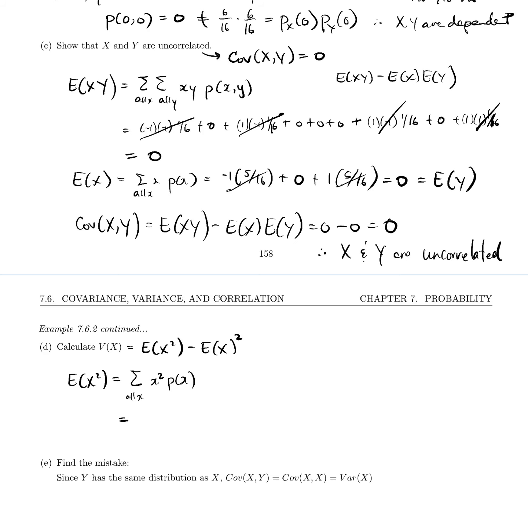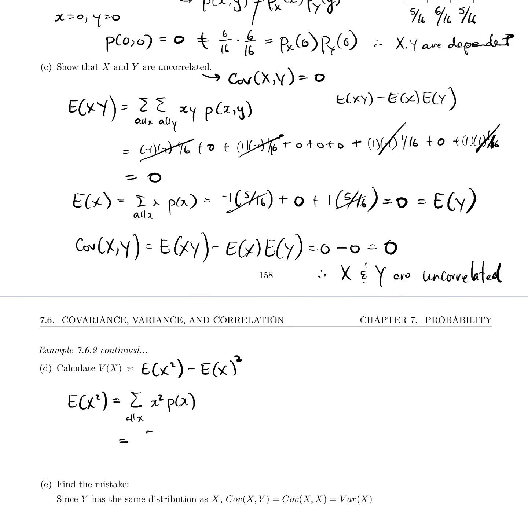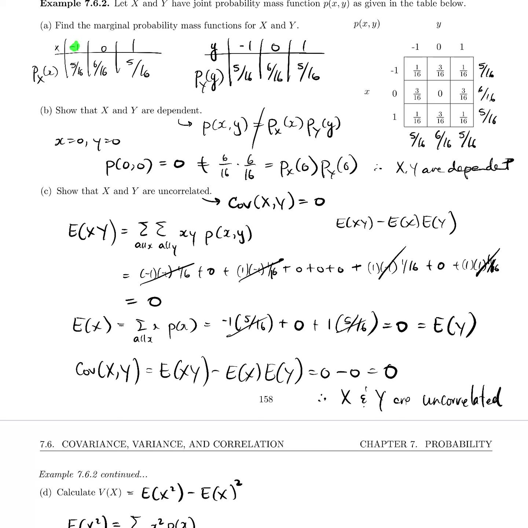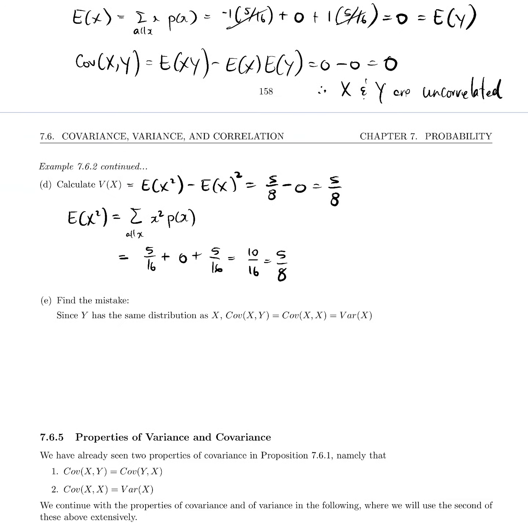Using the marginal distribution, minus 1 squared is 1 times 5/16, plus 0 times this, plus 1 squared times 5/16, which gives me 10/16. So 10/16 is E of x squared, which is the same as 5/8. So we've got 5/8 minus 0, or the variance of x is 5/8.